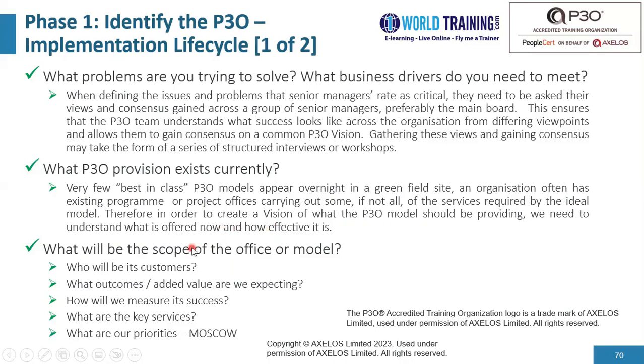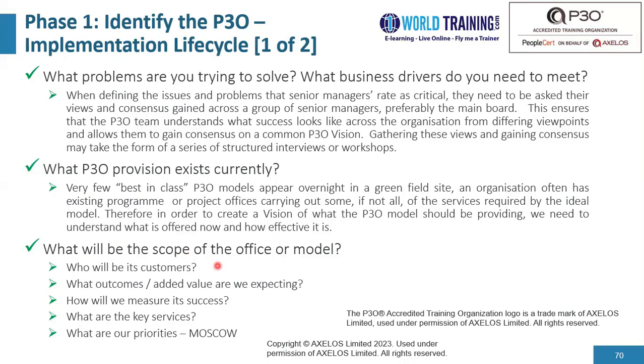Another key question that we need to ask as a part of the identification phase is what will be the scope of the office or model? Who will be its customers? If it is a portfolio management office, the customers might be members of the portfolio board.